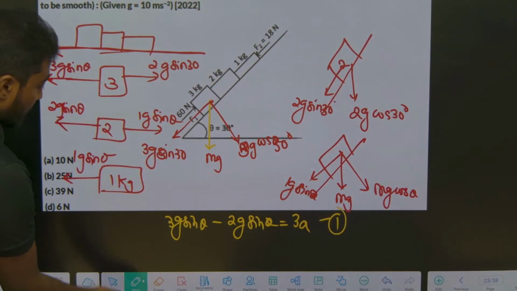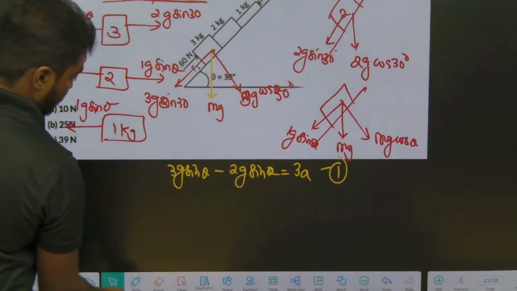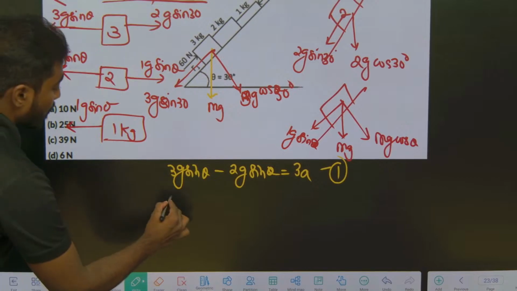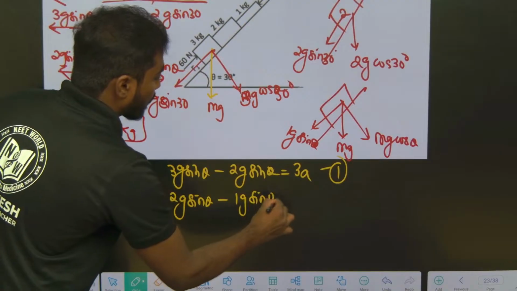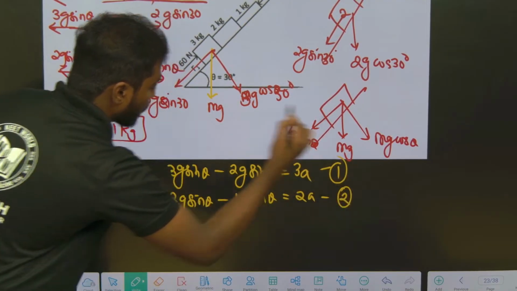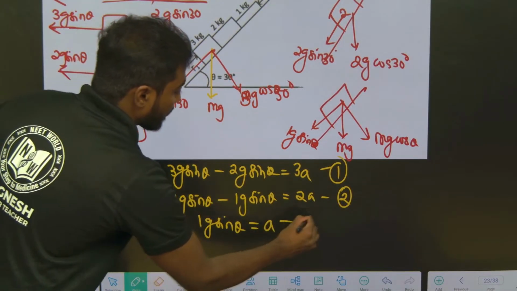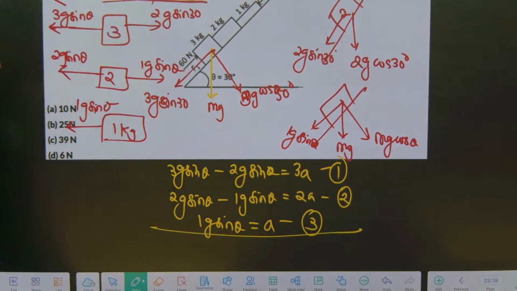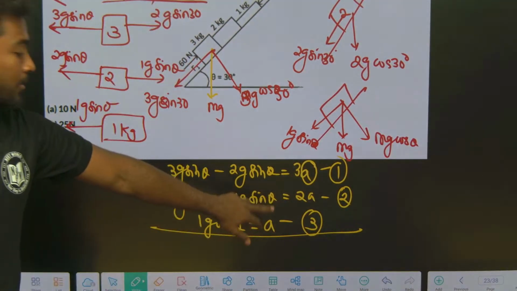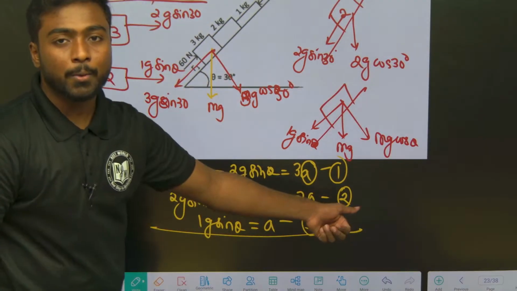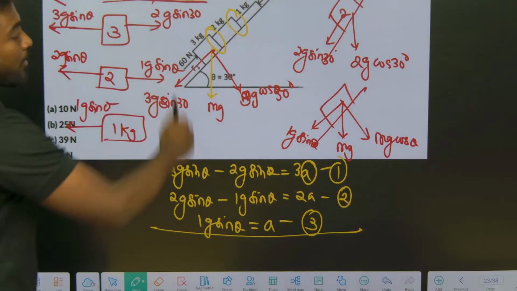What about equation number 2? 2g sin theta minus 1g sin theta will be equal to 2a, this is equation 2, and then 1g sin theta will be equal to a, this is equation 3. If I add these 3 equations, I will get the value of a. If I substitute the value of a in equation 1, equation 2 or equation 3, I will get the value of the contact force on the 1 kg block.